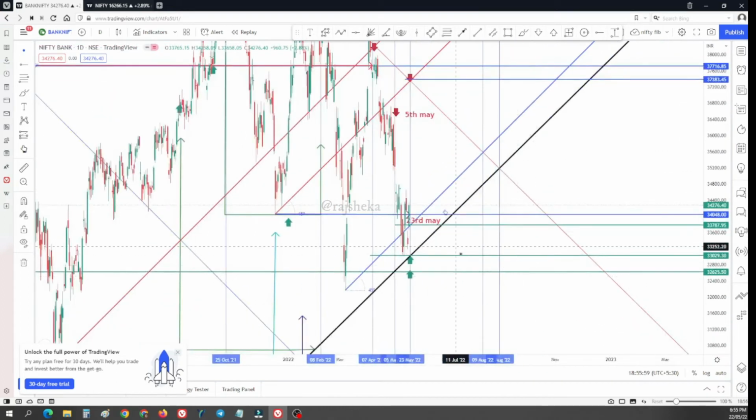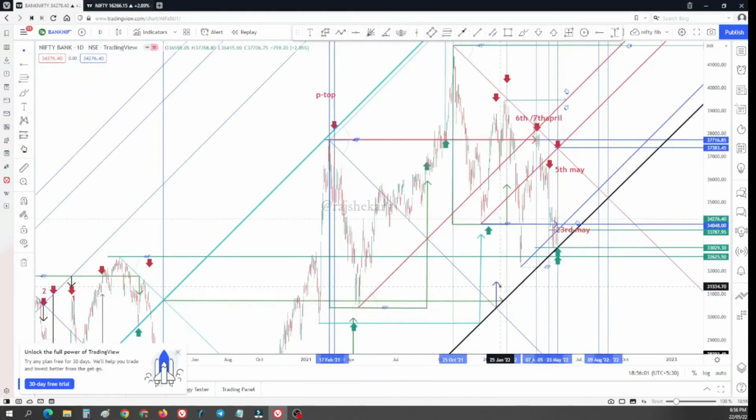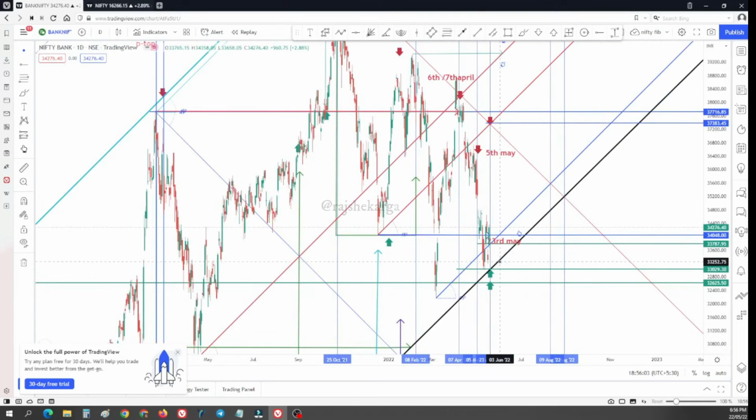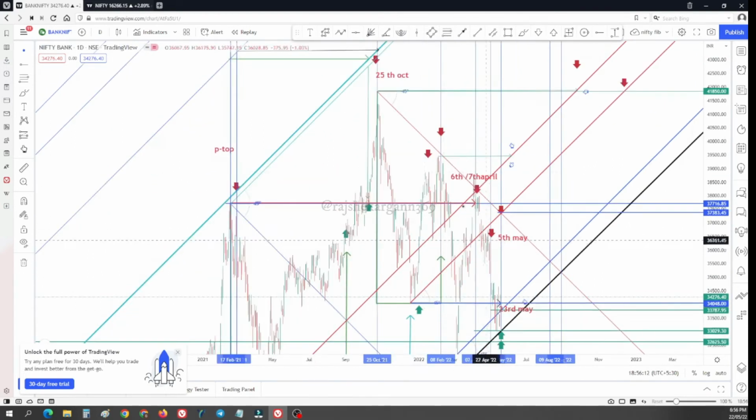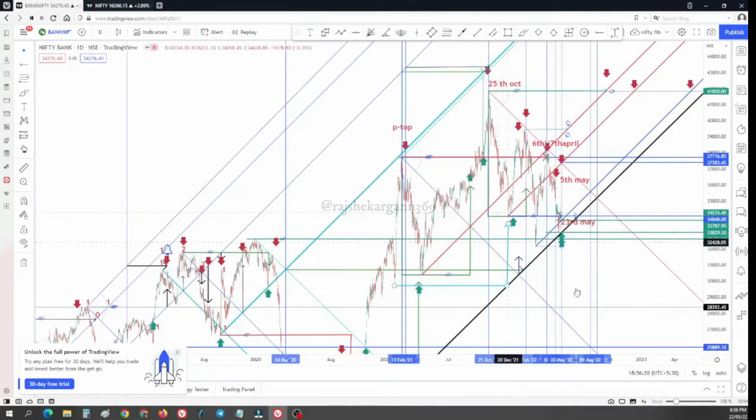As far as my views are concerned, if we are staying above this 45 degrees, it is bullish. That will be a short-term one. And once we hit this 45 degrees, then there will be a hurdle. If we don't break this, we might see another sell-off, right?